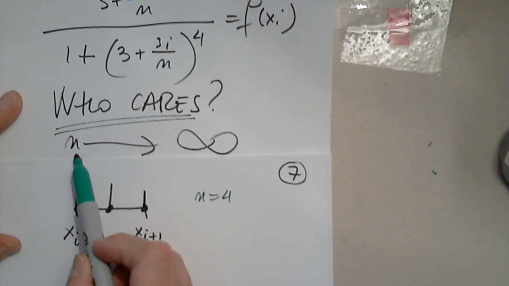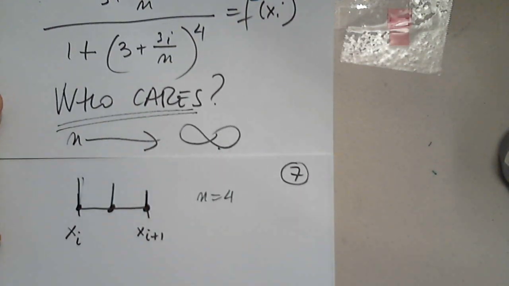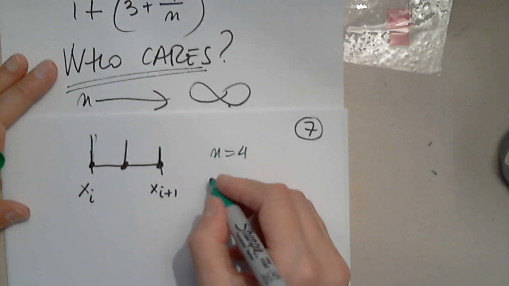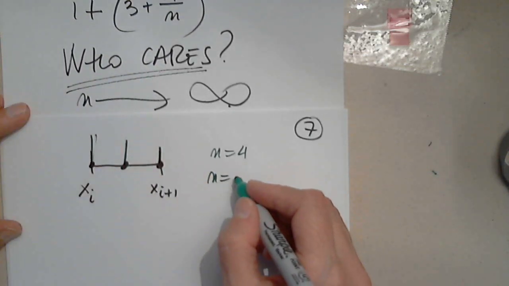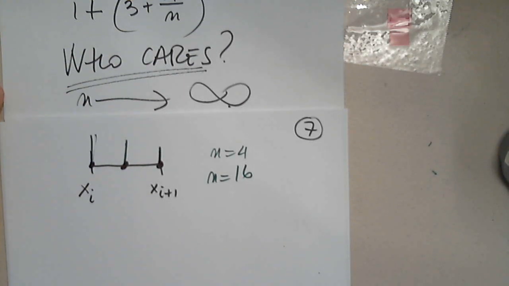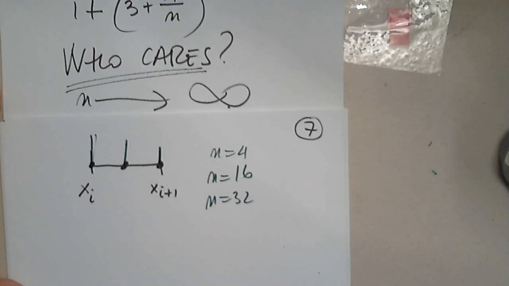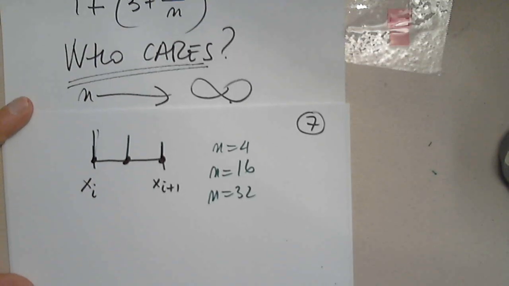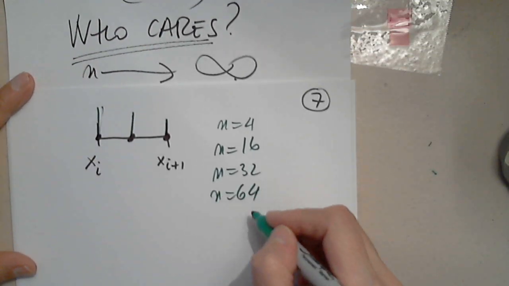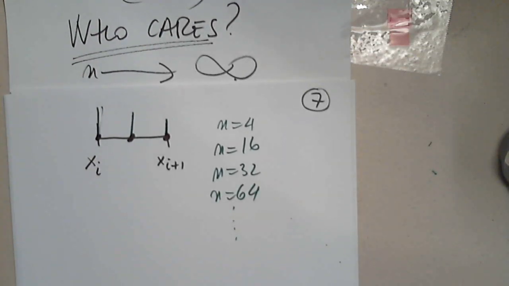But if n goes to infinity, nobody cares anymore. Actually, potentially even starting from n equals 16, nobody cares anymore, because they will be so close. With n equals 32, they will be almost the same, and from that point on, I will almost always get the same number.